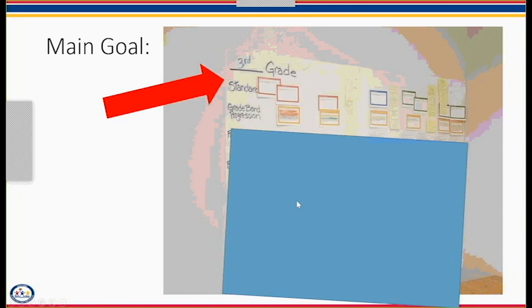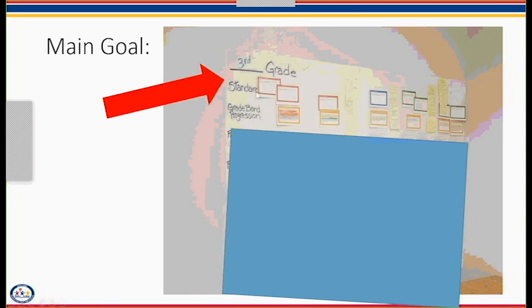So this is all of the standards in third grade. There are 8 standards in third grade. There are 1, 2, 3 physical science, 1 earth and space standard, and 4 life science standards. And they naturally kind of grouped them into their units.